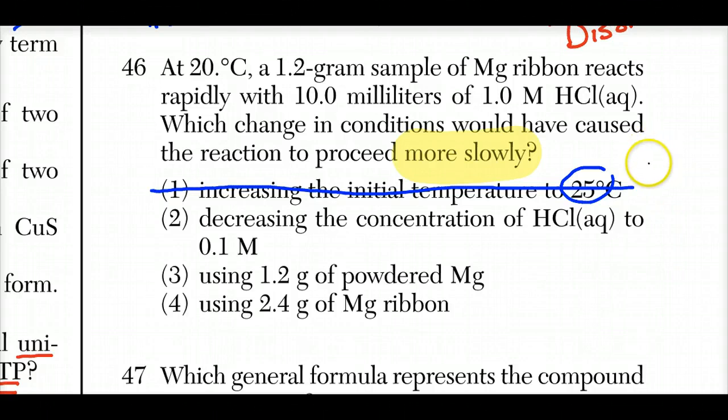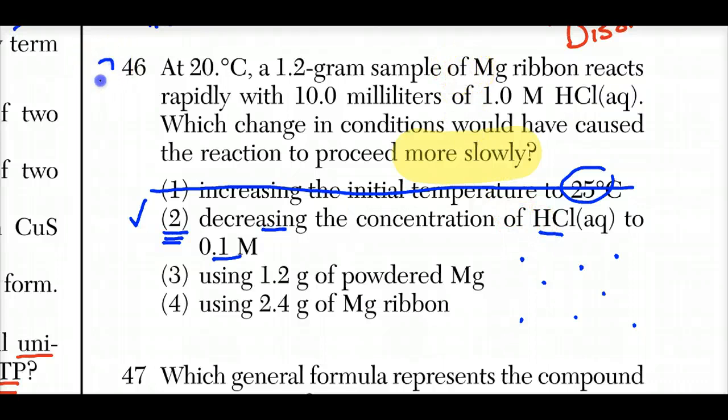We're looking for fewer collisions. Decreasing the concentration of HCl to 0.1 is going to be our winner here, because this one's going to lower the number of dancers on a dance floor with the same volume, so the number of collisions on the dance floor is less. The dance floor is the reaction container. So if you have less HCl, there's less of it to collide with the magnesium, so the reaction rate goes down.